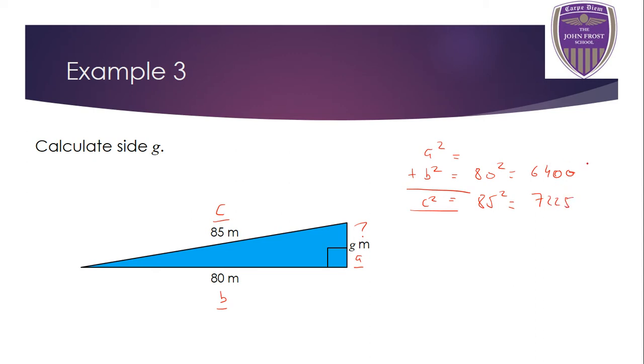So the trick now is to work out what's going to go here. Something add 6,400 equals 7,225. You need to count on, can't you? But to get this quickly, I just do 7,225 take away 6,400 on the calculator. That tells you what A squared stands for. It's 825.